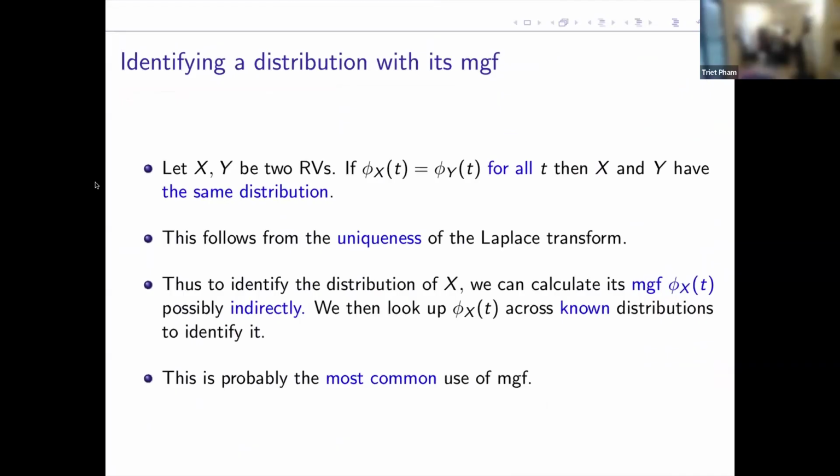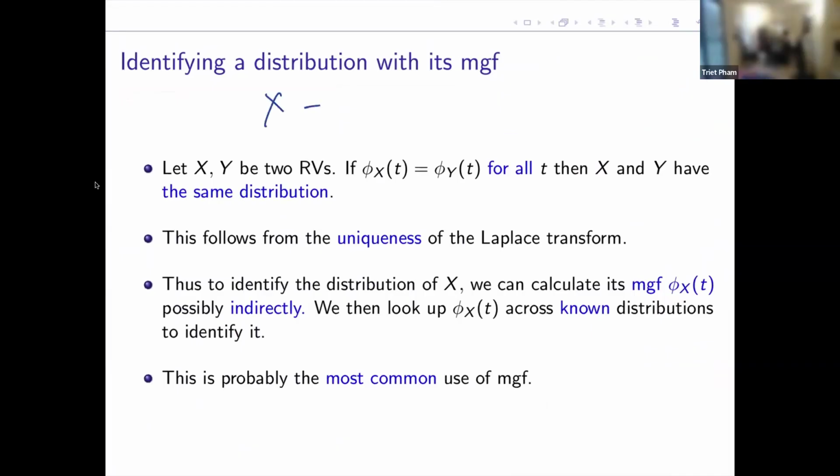In other words, let's say you have a random variable x.